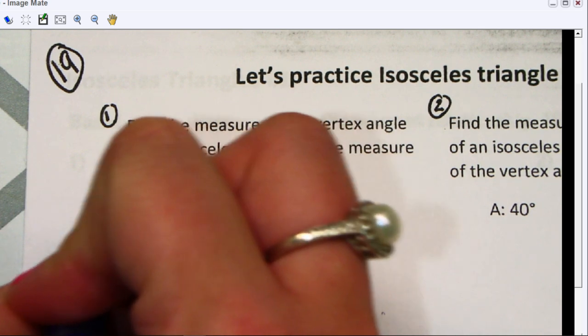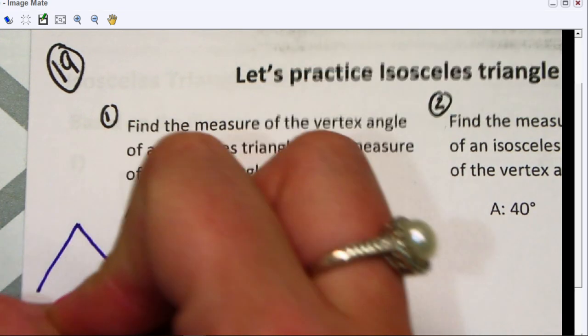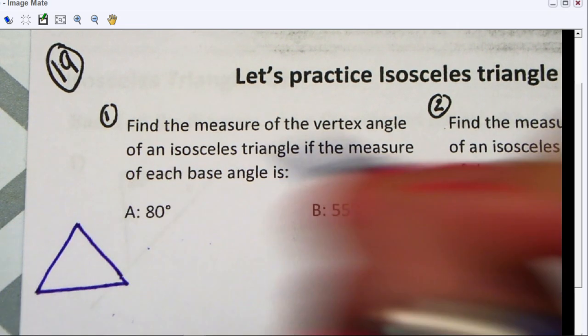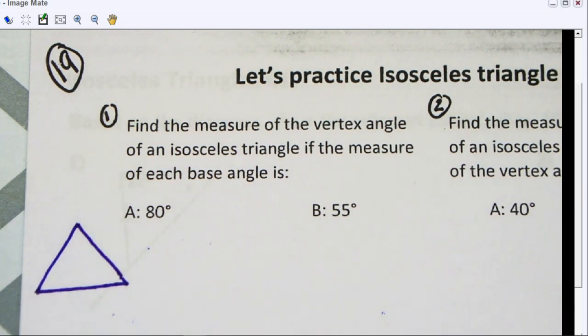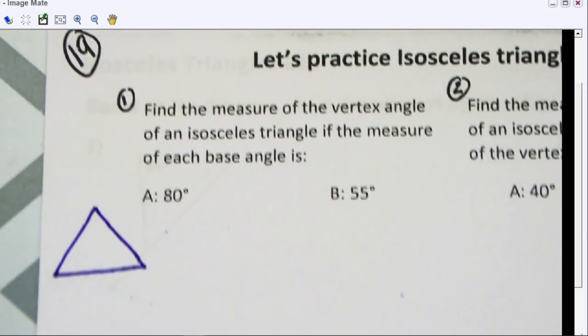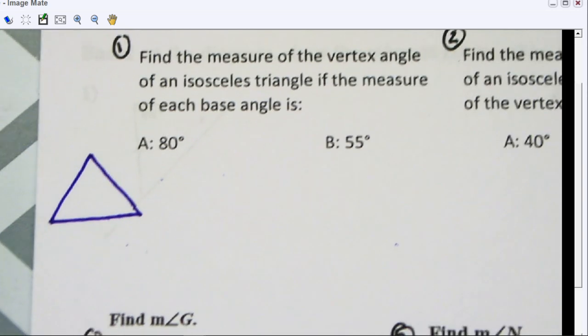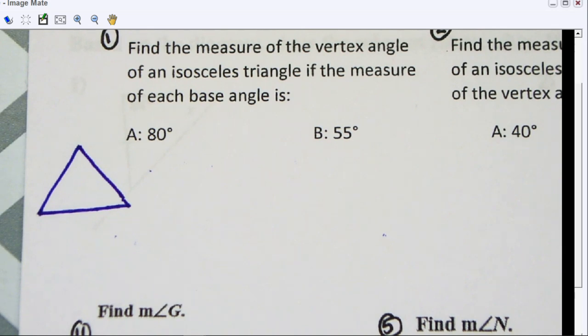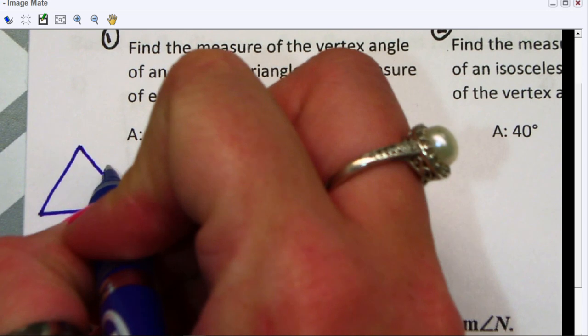So I'm going to go ahead and draw a little isosceles triangle. All right. In an isosceles triangle, how many sides are equal? All of them. No. 2 of them. 2 of them. Yeah, all of them would be equilateral. So I'm going to mark these 2 equal.